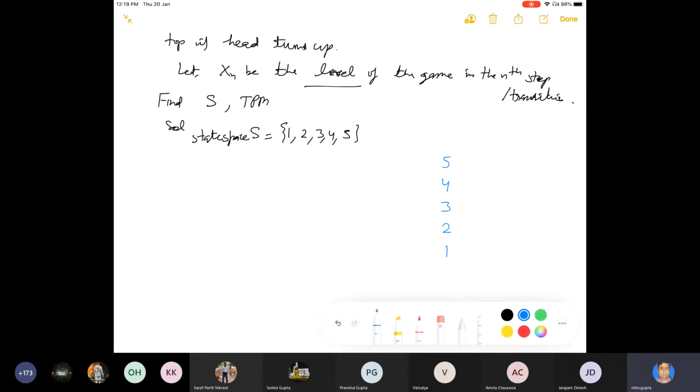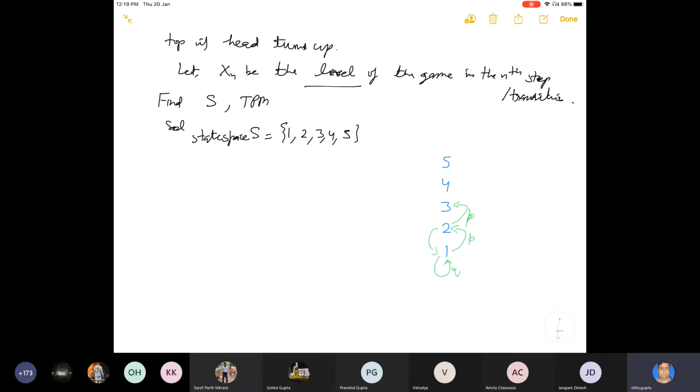So here, first of all, the player moves up with probability P and it remains down with Q. P is the probability of success, that means probability of getting head.